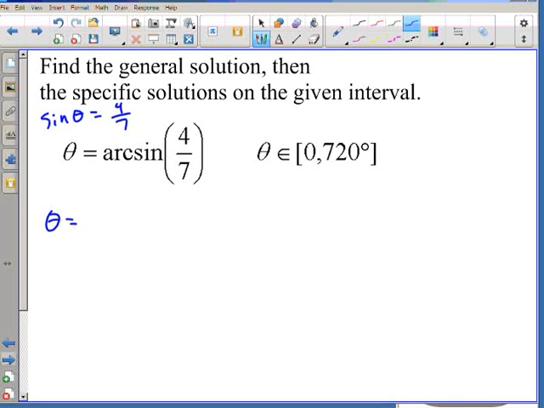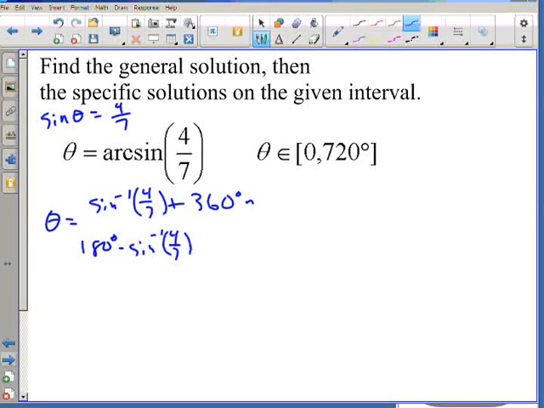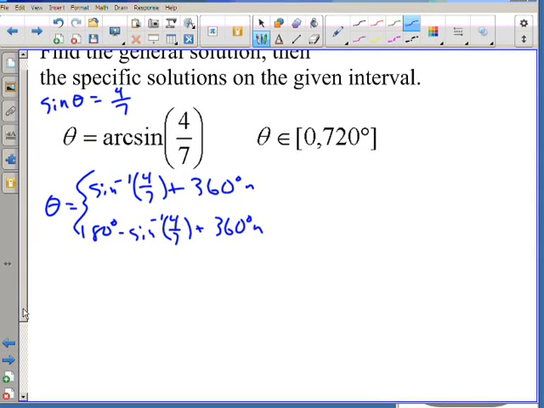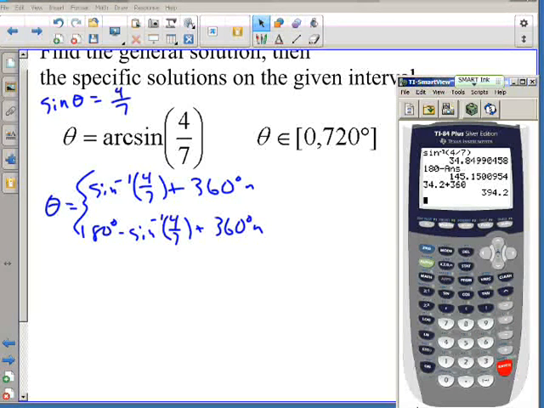So using our formula, we're going to take the inverse sine of 4/7 plus 360n and 180 minus inverse sine of 4/7 plus 360n. And we don't have to redo all this work. We know this formula. We kind of proved it out. So let's find our values using a calculator. And we want to be in degree mode.